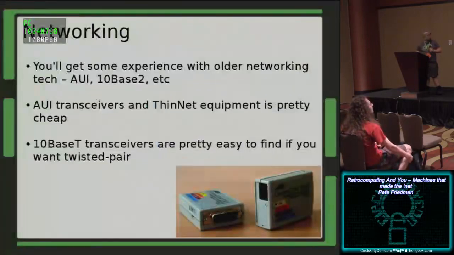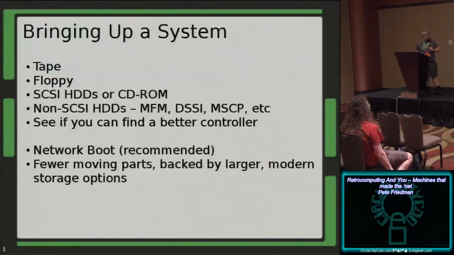Let's get old. So to bring up a system, obviously you need an operating system on useful media. You have a couple of options. Tape, that's always fun. Or floppy disks, that's extra fun. Or if you're lucky enough, newer machines like Alphas and the SPARC64s have PCI buses. I have a SATA card in one of my Alpha machines because it works. So you can actually get CD-ROM drives in some of them.